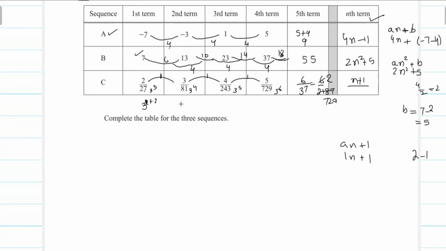And the second term, you can write 2 plus 2. The third term, you can write 3 plus 2. And the fourth is 4 plus 2. Therefore, the nth term of the denominator will be 3 power n plus 2. Now, therefore, this is the nth term of sequence C.